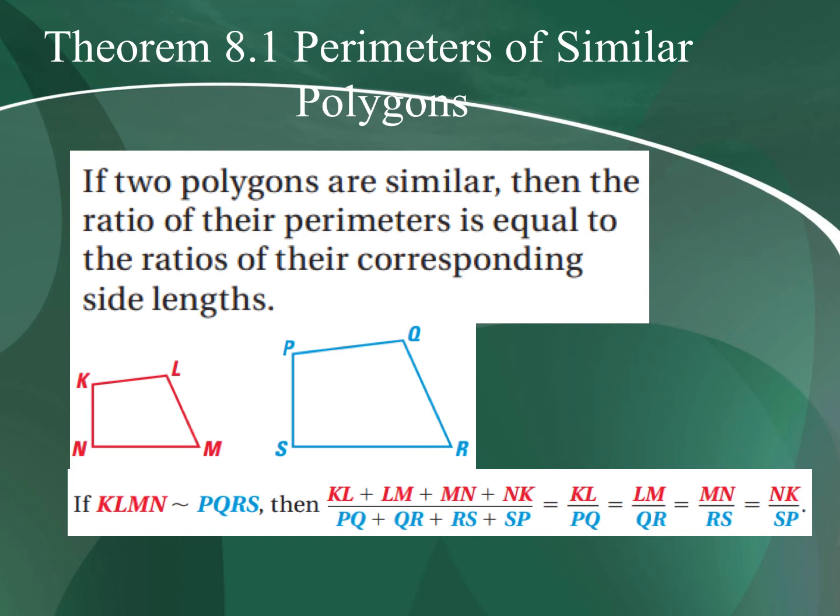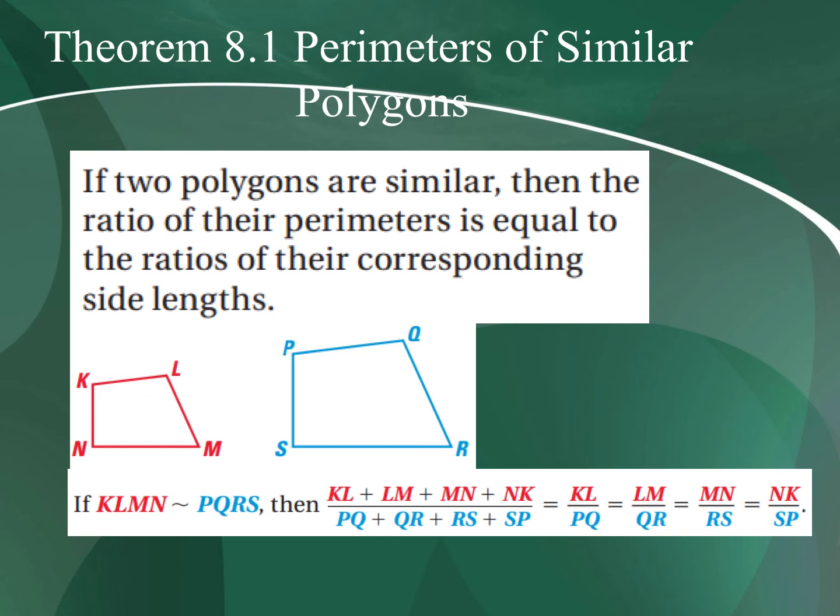So here they're telling us that these two polygons, KLMN, is similar, it's got the little wave, to PQRS. So this tells me if I add up all the sides in KLMN and add up all the sides in PQRS, then that's going to equal any one of the side length ratios. And it doesn't matter which.